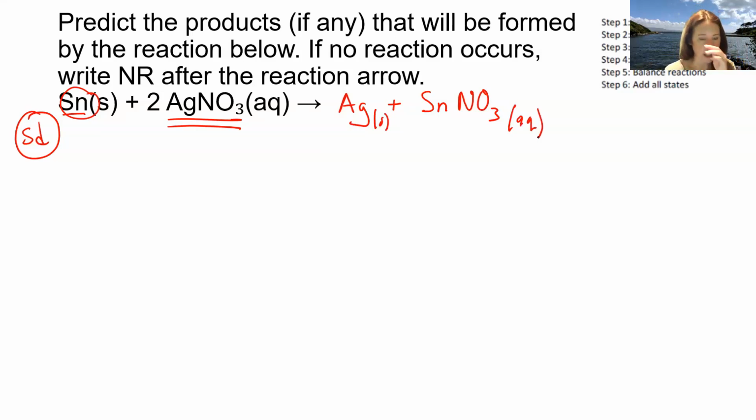And so when we do this one, tin's charge is either a +2 or a +4. So I'm just going to say it's +2 because it'll make my life easier. Sn2. And then we have to balance it. And it's balanced. So this is a single displacement reaction.